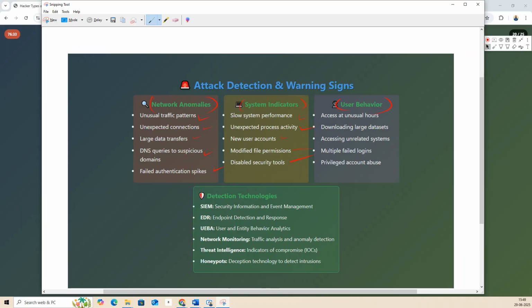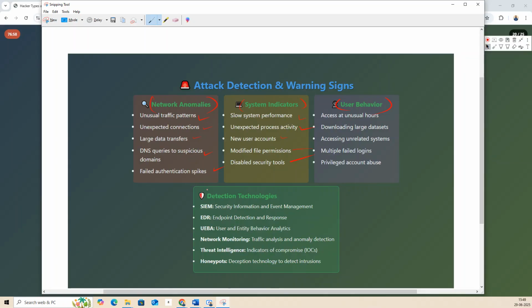Accessing unrelated systems or data that doesn't match their role suggests account compromise. Multiple failed logins followed by successful access might indicate a password attack. And privileged account abuse, using administrative access for unauthorized purposes, often indicates an insider threat.